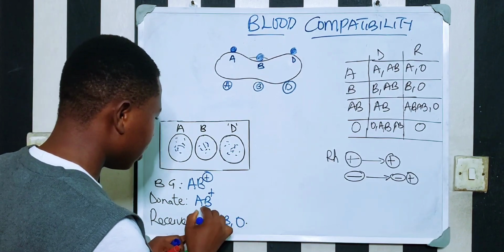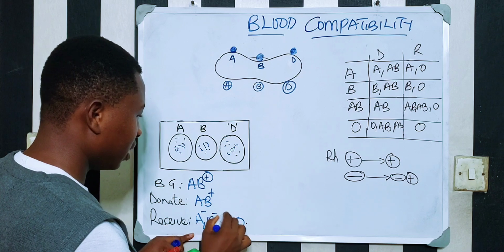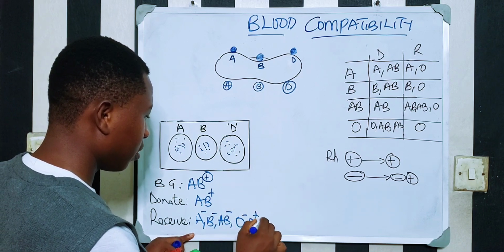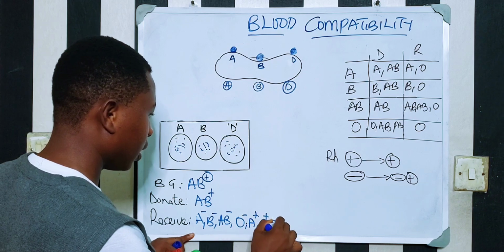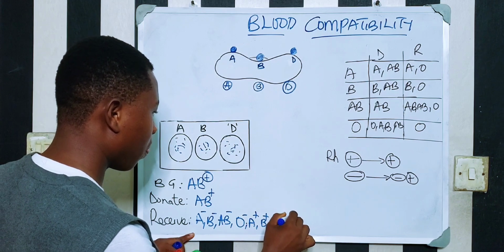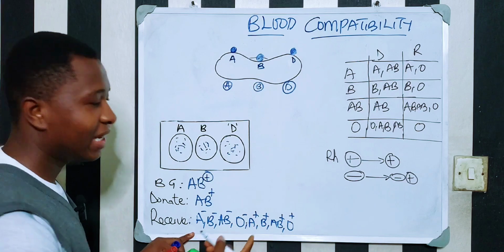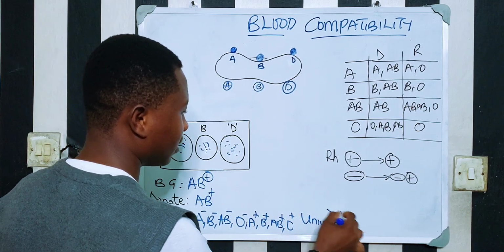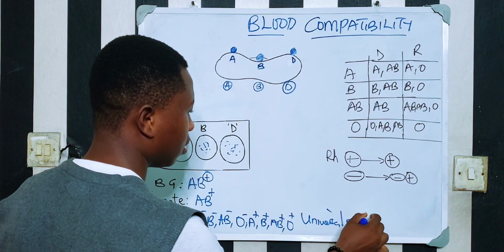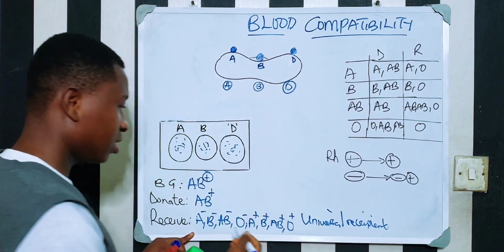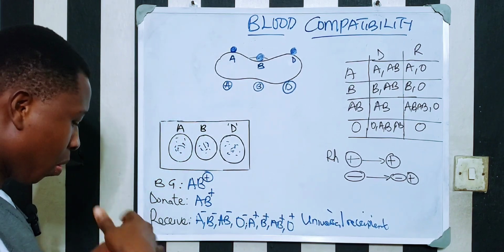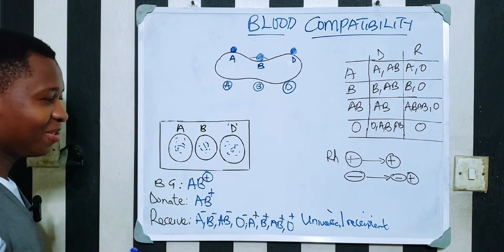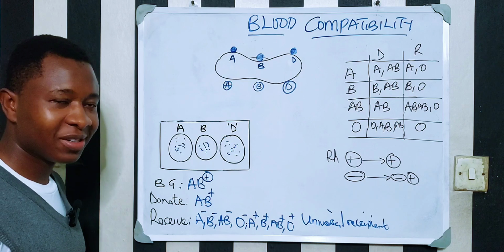So they can receive from A negative, B negative, AB negative, O negative, A positive, B positive, AB positive, and O positive. And these are the real universal recipients. These ones can take blood from anybody, all right? So if you are AB positive, you can receive blood from anybody, all right?